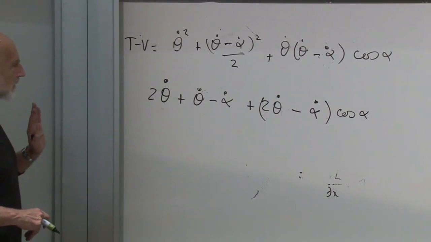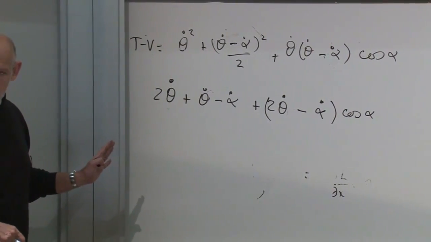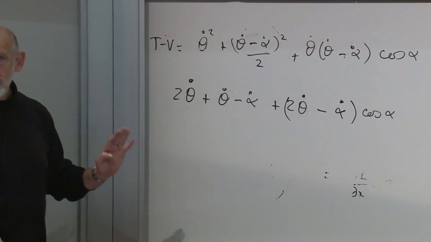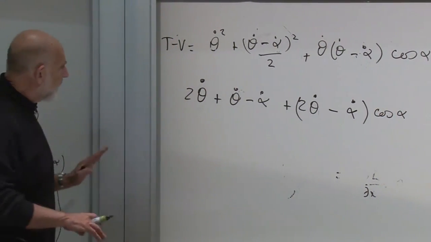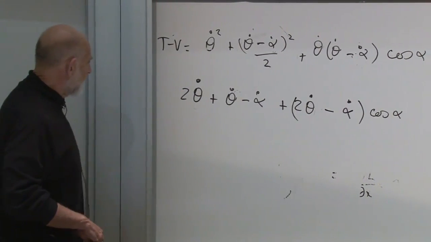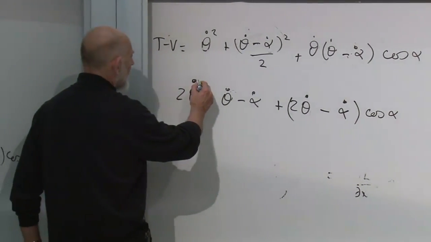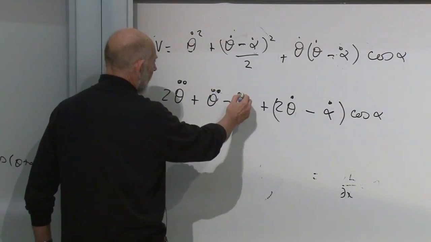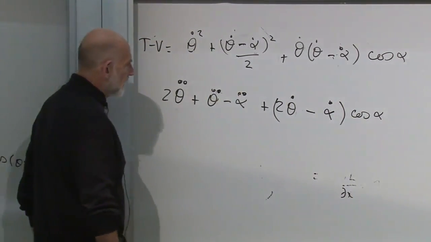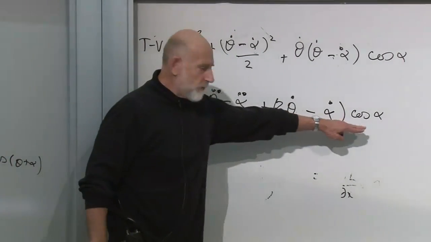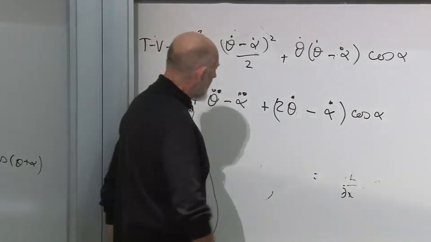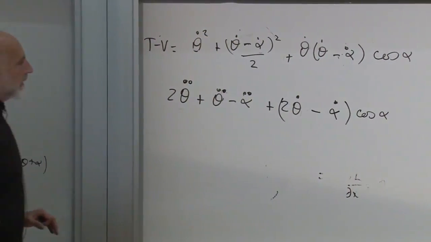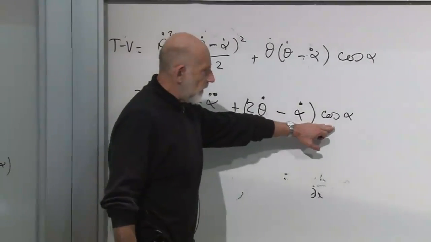Now we want to time differentiate it. We want to take d by dt of this and set it equal to dL by d theta. All right, so let's take the time derivative of this. The time derivative has theta double dot, alpha double dot. Now, it has two terms from here. One of them is to differentiate the thing inside the bracket. The other is to differentiate the cosine alpha.